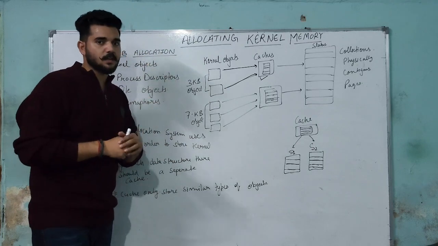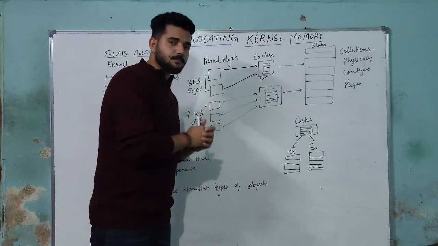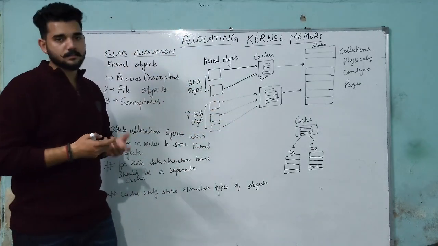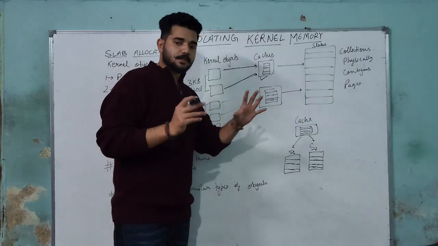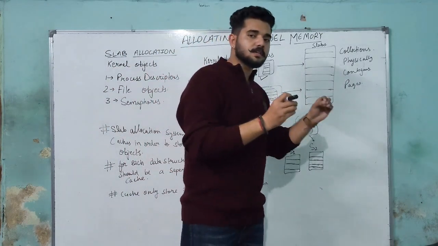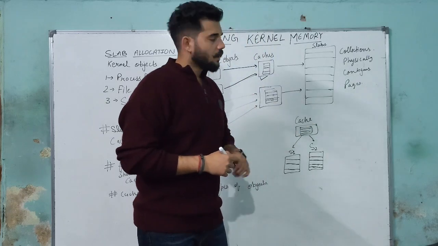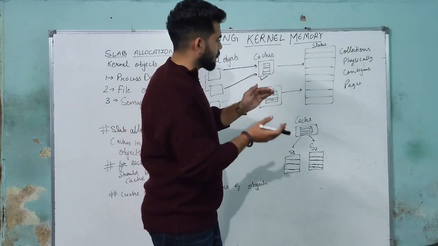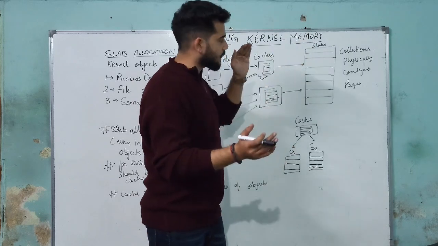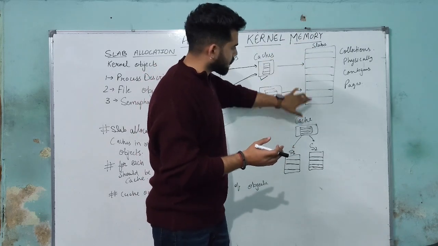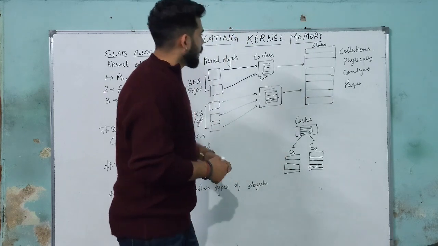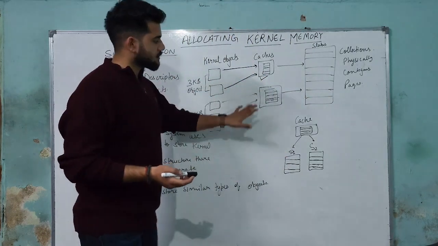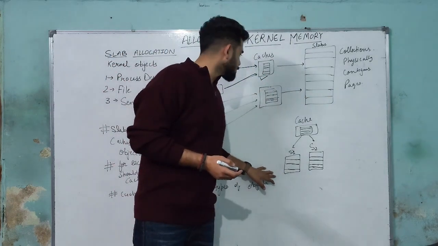Now what is a cache? A cache is a collection of slabs. Now you have to think, what is a slab? A slab is nothing but a collection of physically contiguous pages. We collect the contiguous pages together, and that collection of pages makes one slab. Okay. Now what is a cache? A cache is nothing but a collection of slabs.